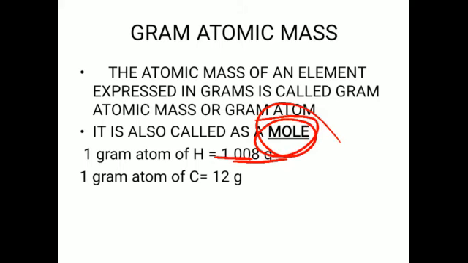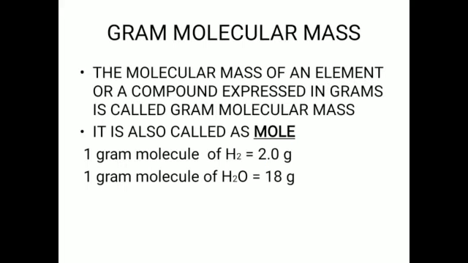Same is the case of carbon. You see in the box of carbon, group 6, 12 is written. When I represent this mass in grams, I am calculating the molar mass or gram atomic mass of carbon. Same is the case when I represent the molecular mass of any compound or element in grams.